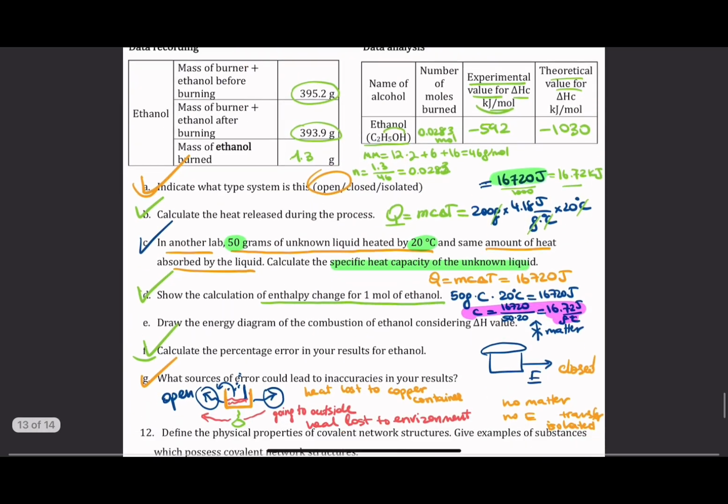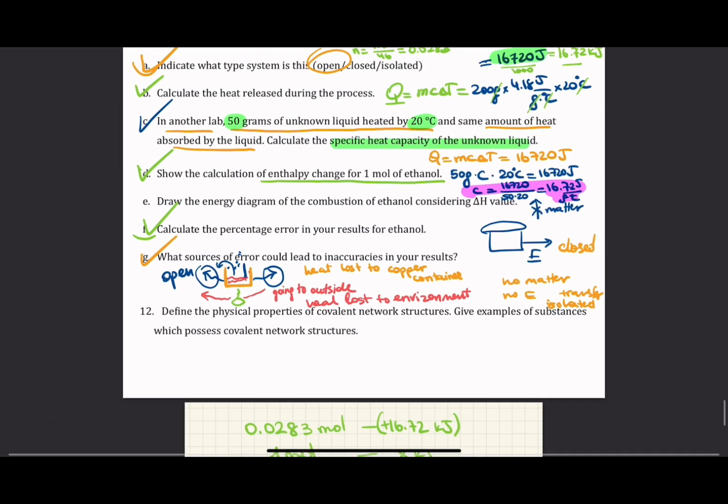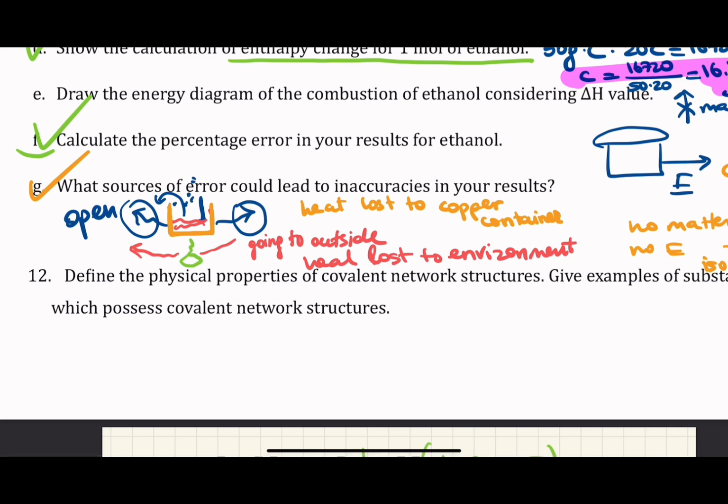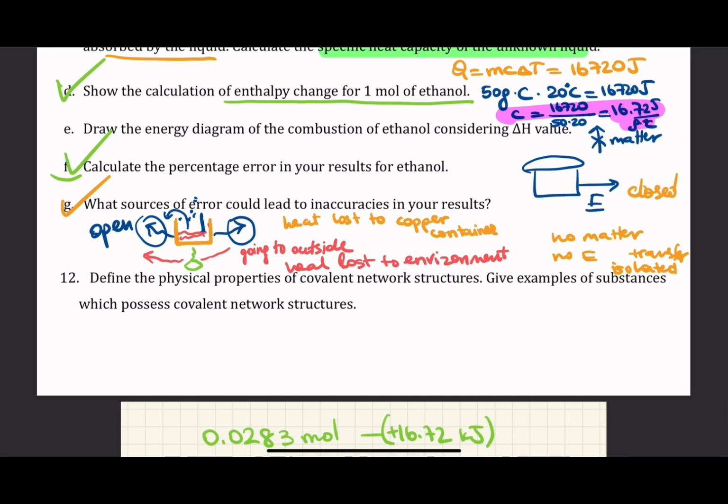Now the last question in here says define the physical properties of covalent network structures, and give examples of substances which possess them. Covalent network structures are super strong. One of them is diamond, which has a covalent network structure, which is why diamond is so expensive, and it's really hard to break. Now I want you to Google this and find all the structures that have covalent network structures.